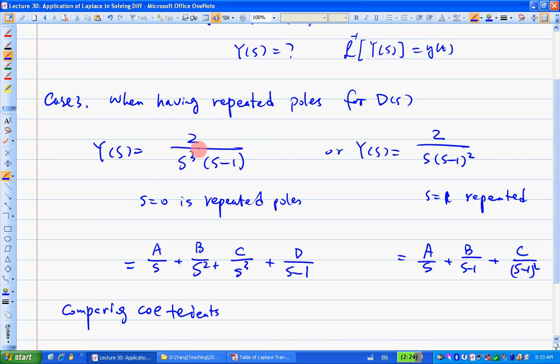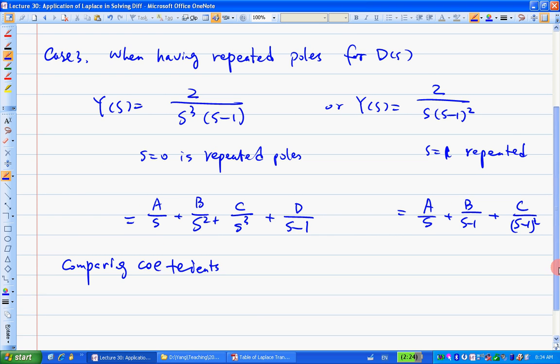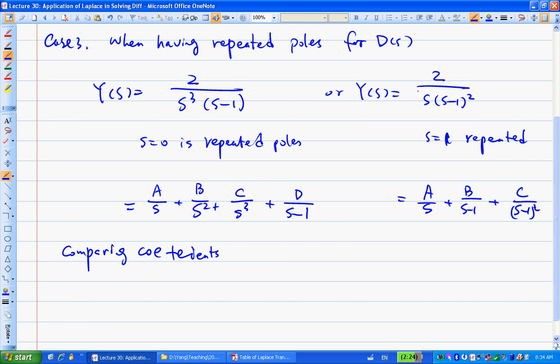This is Y(s), and the denominator has repeated poles. So s to the power 3 means s equal to 0 is repeated 3 times, and s minus 1 to the power 2 means s equal to 1 is repeated twice.